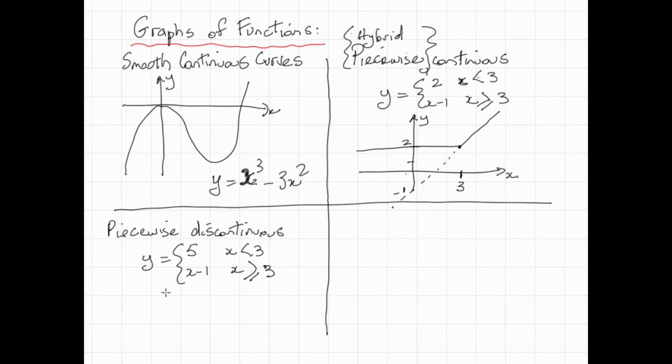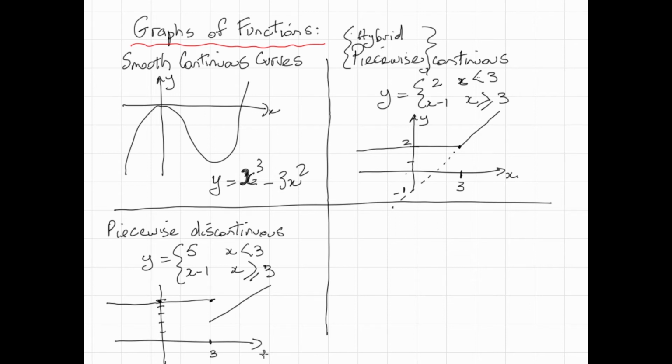So once again, if we drew our axes, and we go up 5 units, so everywhere up until 3, it's going to look like y equals 5. I should go through that. So everywhere up until that, and then after it gets to that point, it's going to look like y equals x minus 1.